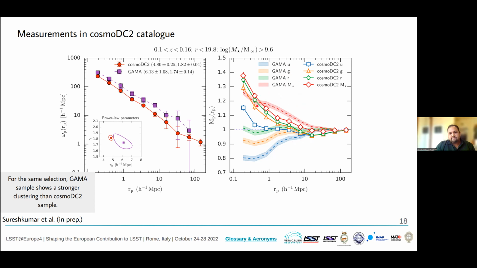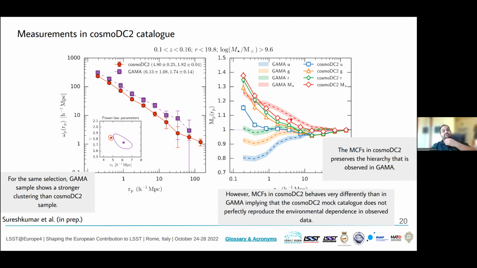We can see that the DC2 Mark correlation functions still preserve the hierarchy of the Mark correlation functions that we observe in the data, with the stellar mass one being stronger than others. However, for a given property, the Mark correlation function between DC2 and GAMA significantly varies, and this is something that we have to study further: why is that happening, why do we not see agreement in the clustering behaviors of different galaxy properties.